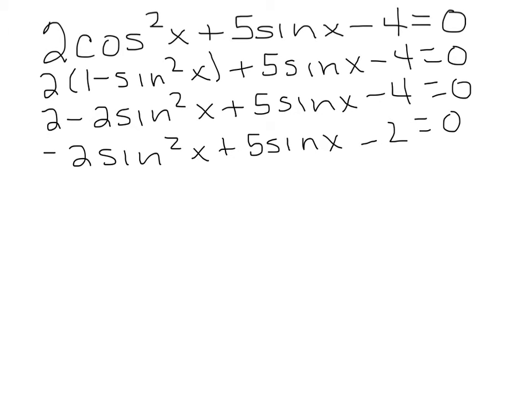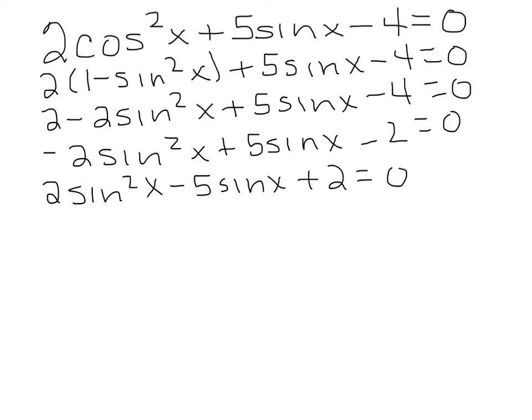And since I'm not a fan of having a negative leading coefficient, I'm going to switch everybody's sign, just multiplying both sides by -1. And now I have something I can factor.